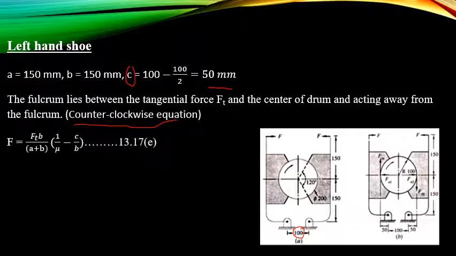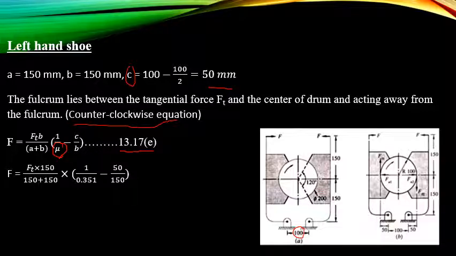So from the design data handbook, for Ft away from the fulcrum, we have this equation, that is F, capital F is equal to Ft by A plus B into 1 by mu minus C by B. Here we need to replace mu by mu dash, because 2 theta is greater than 60 degrees.